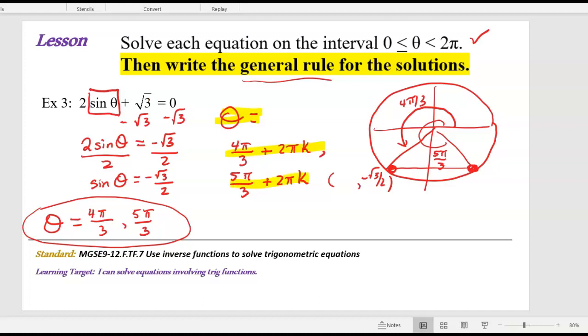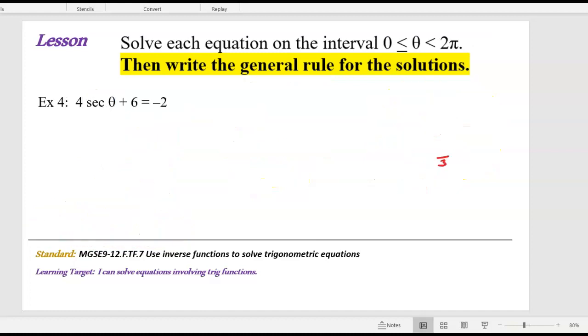So the easy, got it, general rule for sine and cosine, just tack on the add 2 pi because there are infinitely many coterminal answers that give me the same y value when I go around the unit circle. All right, on to the next.